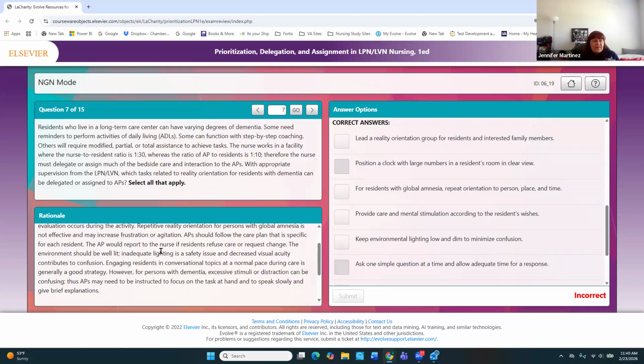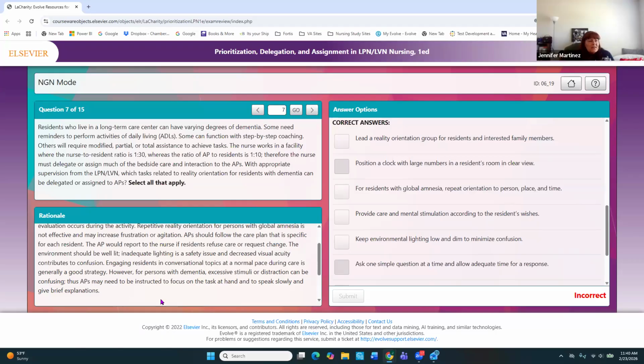AP should follow the care plan that is specific for each resident. The AP would report to the nurse if the resident refused care or requests change. The environment should be well lit. Inadequate lighting is a safety issue, and decreased visual acuity contributes to confusion. Engaging residents in conversational topics at normal pace during care is generally a good strategy. However, for patients with dementia, excessive stimuli or distraction can be confusing.